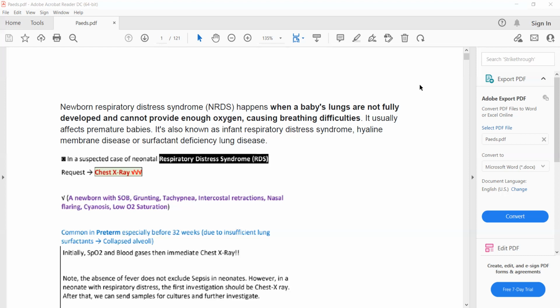So, newborn respiratory distress syndrome. What is newborn respiratory distress syndrome? Newborn respiratory distress syndrome occurs in premature babies who are born before 32 weeks of gestation.